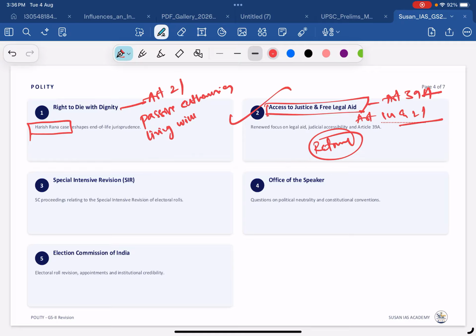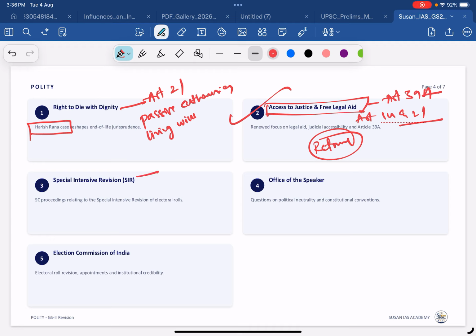And what about SIR? There has been a lot of debate over the last 2 years about SIR. Why? Because there have been issues in Bihar and West Bengal and even in Tamil Nadu, and now in Telangana also the debate is ongoing about SIR. The SIR has been going on in Telangana also.